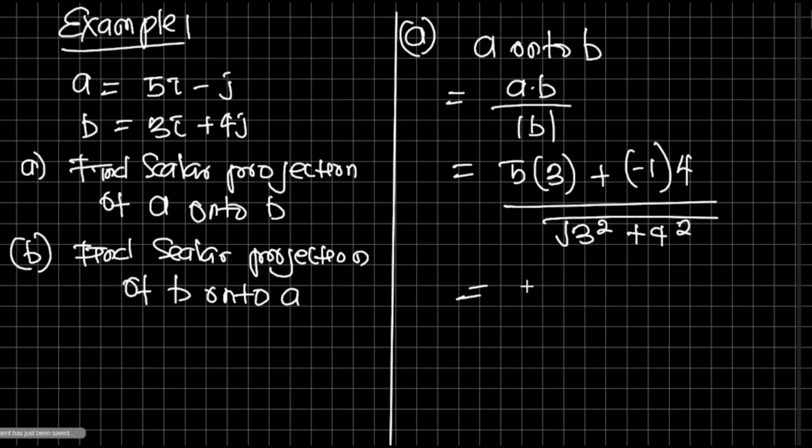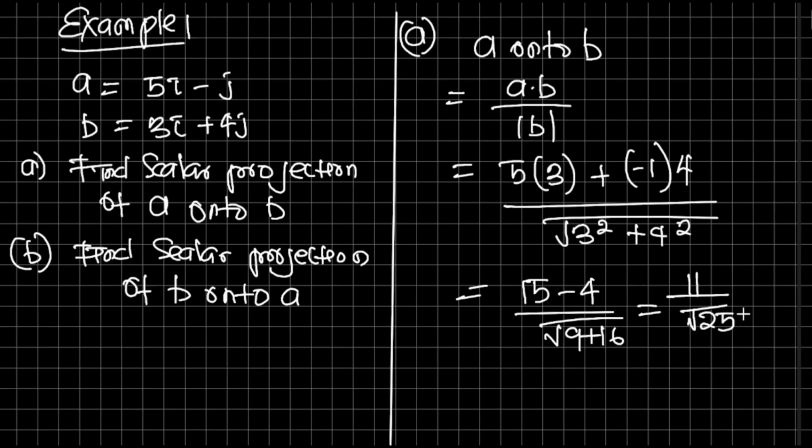That is 15 minus 4 all over the square root of 9 plus 16, which is 11 over the square root of 25, which is 11 over 5, which equals 2.2. So the scalar projection of A onto B is 2.2.